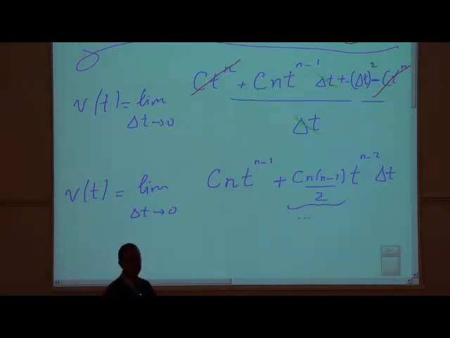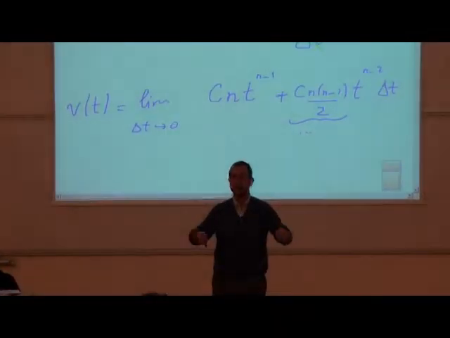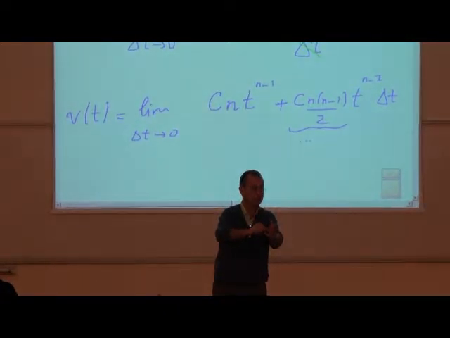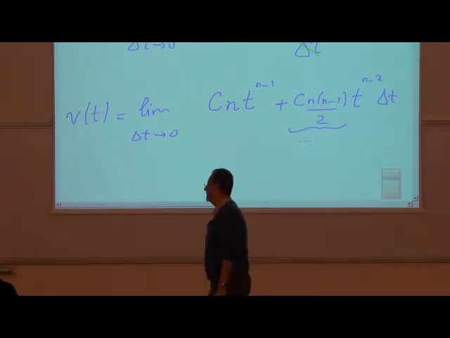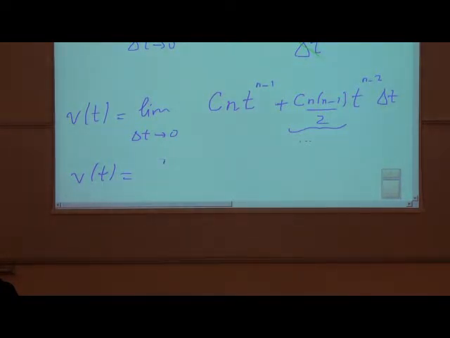Okay, it's not important. I'm going to throw it away now. Now, again, I have done the calculation, I have done the division while delta t was still a small number but not 0. I worked out the formula. Now it's time to take delta t to 0. And the result is V of t equals c n t to the n minus 1.